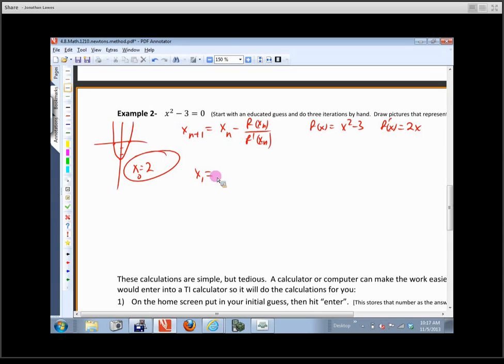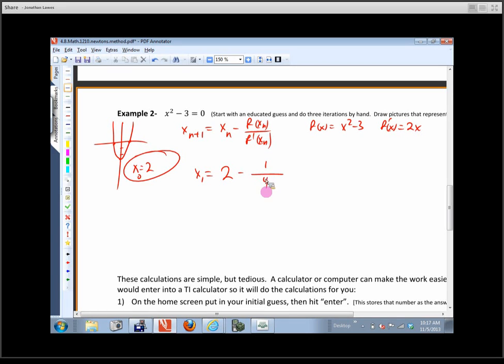It's based on the old guess of 2 minus the function value at the old guess. So let's plug in a 2 into the function. 2 squared minus 3, we end up with 1. And then I need the derivative at that old guess. So that's going to be the first derivative evaluated at 2, so that's going to be a 4, right?